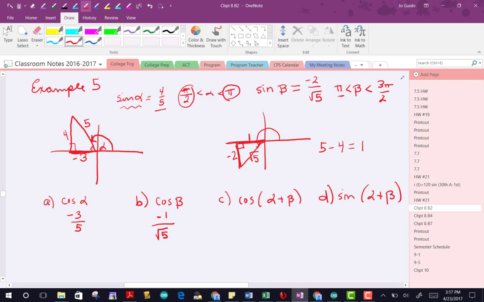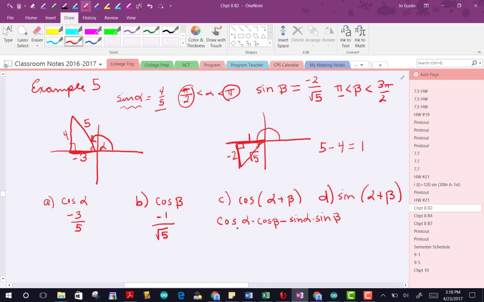We found the cosine of beta in part A, so we got -1 over the square root of 5. Minus the sine of alpha, which was given, times the sine of beta, which was also given. And I'm going to let you simplify that. And I'm also going to let you figure out part D on your own. It's just a similar process. Use your formula. You already know the values that you need to answer that question.